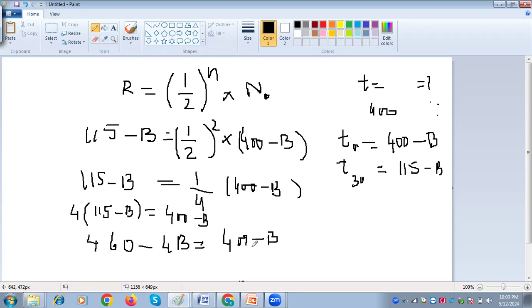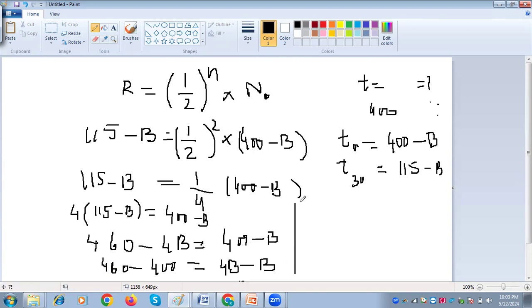So 4B goes there, becomes positive, and 400 comes here. 460 minus 400 equals 4B, which has become positive now, minus B.